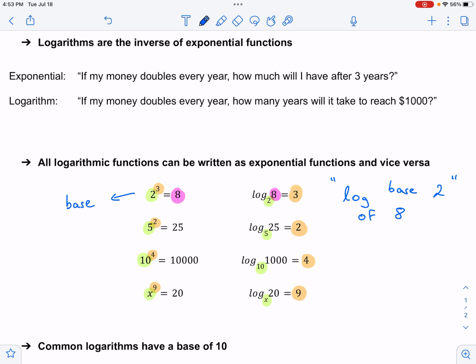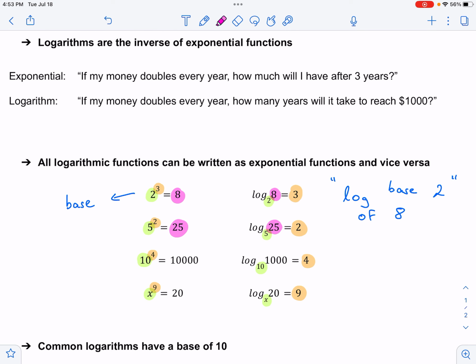So it said my base is 2, my answer is 8. What is the exponent that gets me there? In this case, the answer is 3. My base is 5. My answer is 25. What is the exponent on 5 that gets me to 25? The answer is 2. My base is 10.